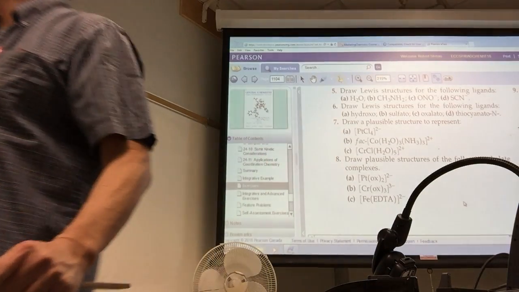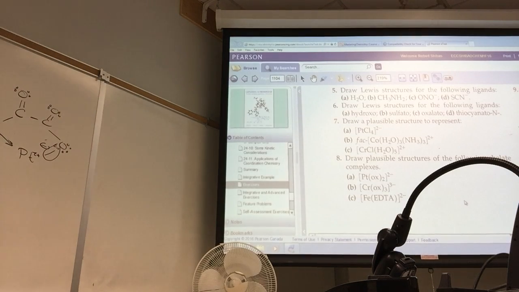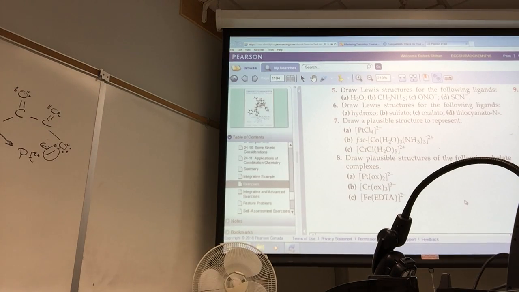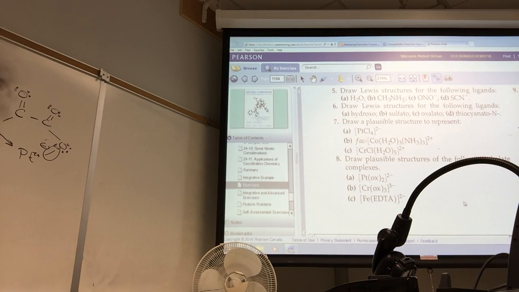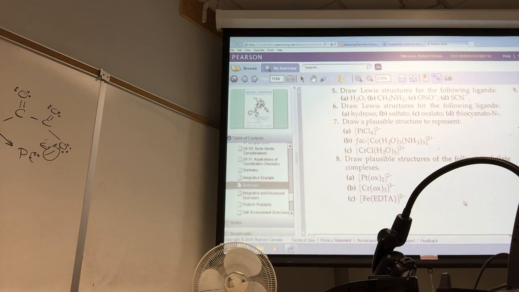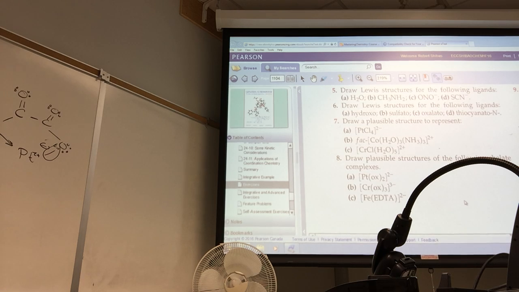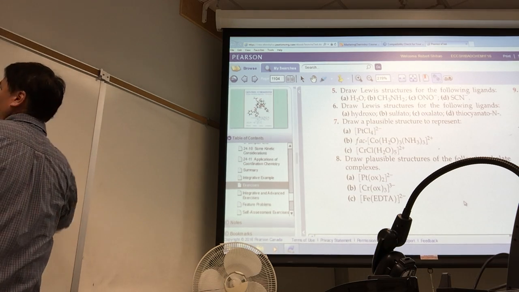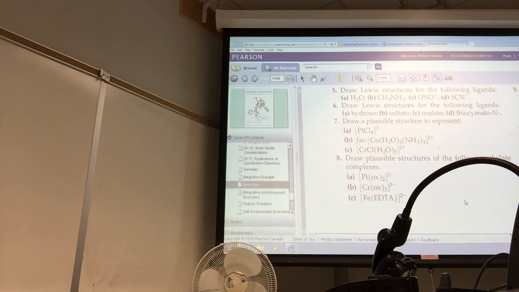So do you want me to spell that out, or can you figure that out? Well, ethylene diamine is the same as we saw before. And so we'll just have our ethylene diamine. Oh, diamine with 1 M or 2 M? 2?